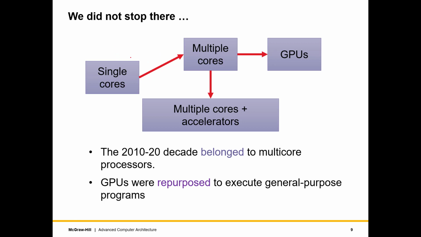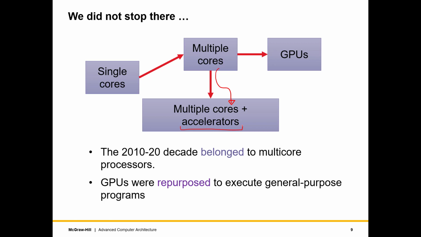So instead of a single processor on a chip, you have multiple small processors on a chip, where each one of them can execute a program. Recently, from multi-core processors, we have gone to multi-core plus accelerators, where an accelerator is a specialized processor that can do something specialized. For example, it can execute neural networks, do speech processing, process XML documents, encryption, compression.